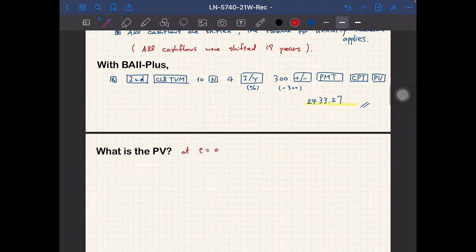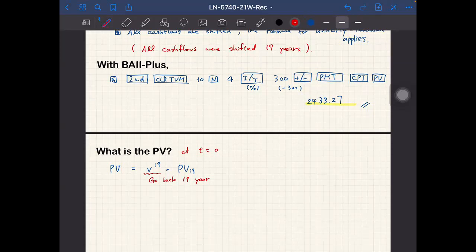We can just go back 19 years. So maybe we can say V^19 times PV sub 19. Go back 1 year, we have to multiply by v.